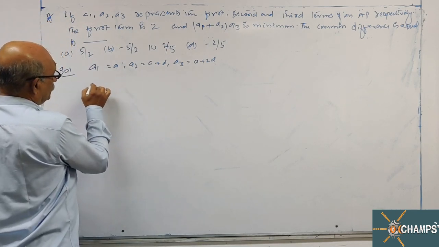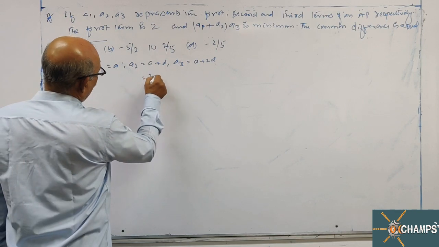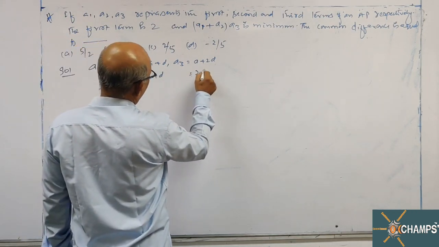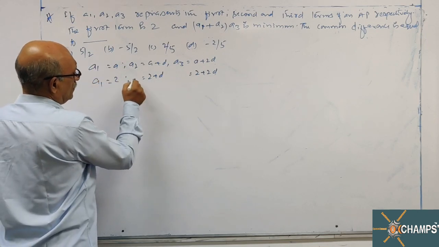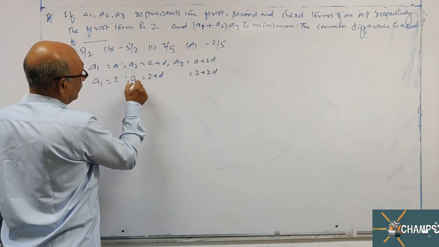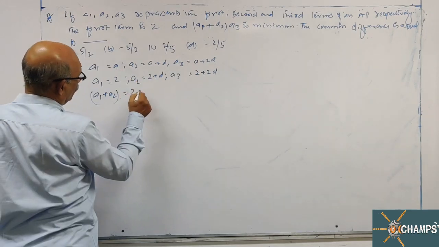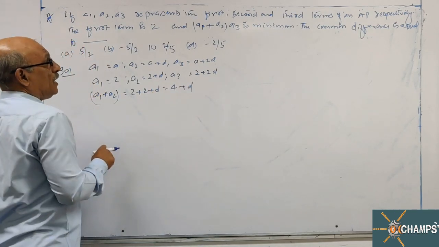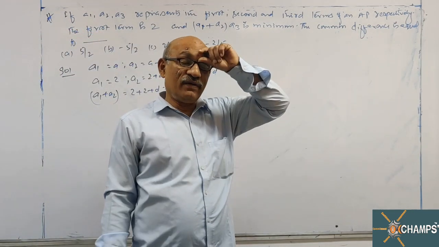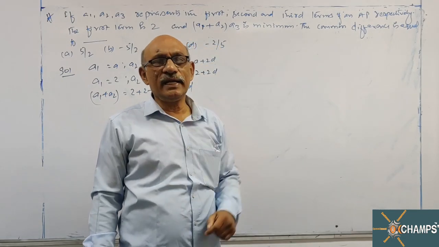So this is 2 plus d, this is 2 plus 2d. I have to calculate a common difference, therefore everything I am converting in terms of d.